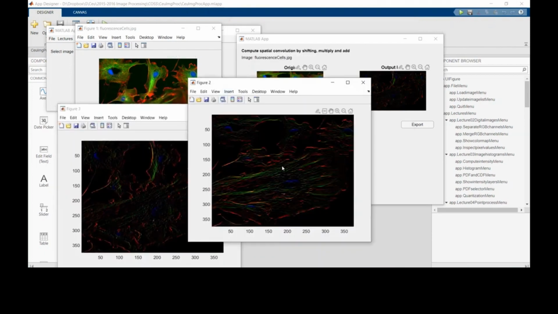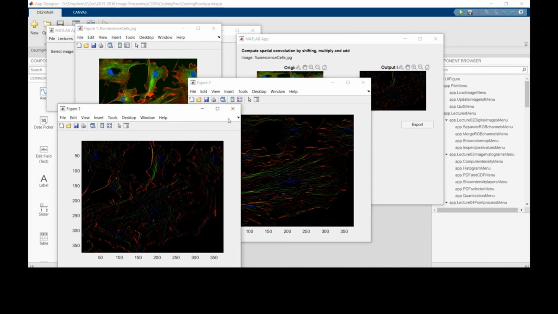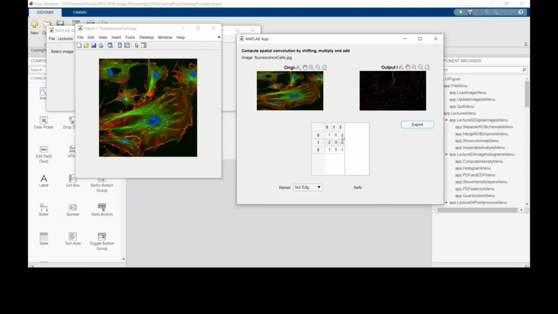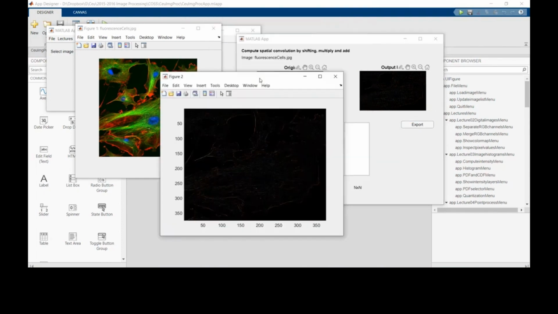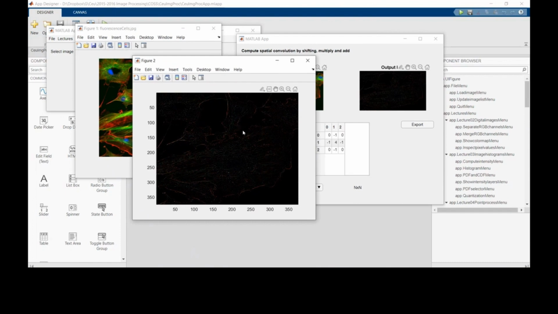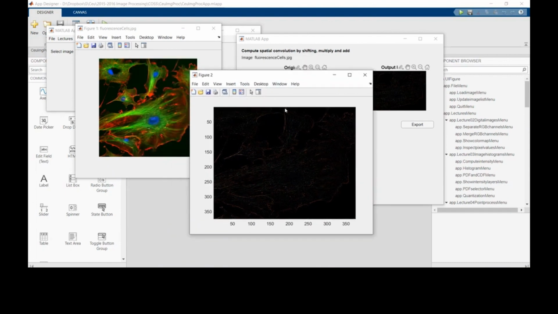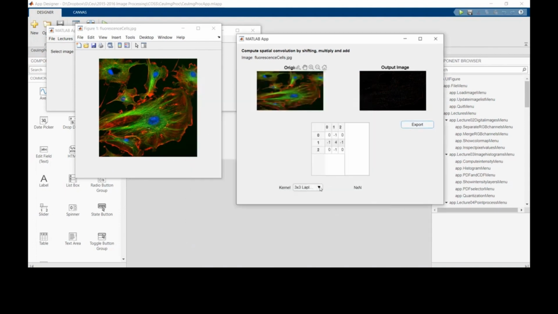You see, these borders are horizontal, these borders are vertical. And I can have both. I have both, that are these Laplacians. I will have this one. The contrast is not great.